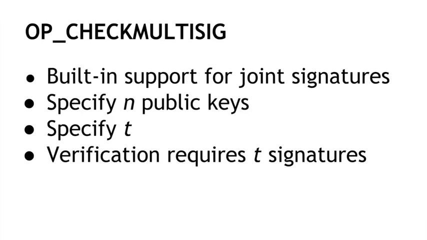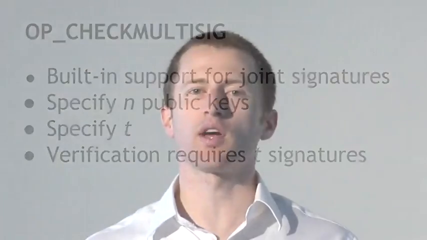And for this instruction to execute validly, there have to be at least t signatures, t out of n of those public keys that are valid. So we'll show some examples of what you'd use multisig for in a second, but this is quite a powerful primitive that in a compact way in the Bitcoin scripting language, you can express the concept that t out of n of these public keys must sign in order for this transaction to be valid.